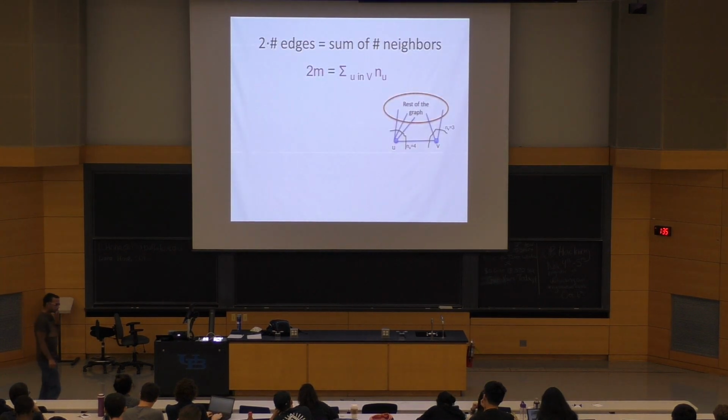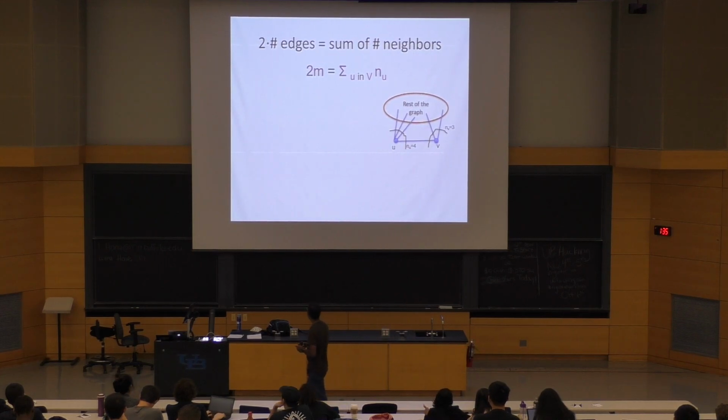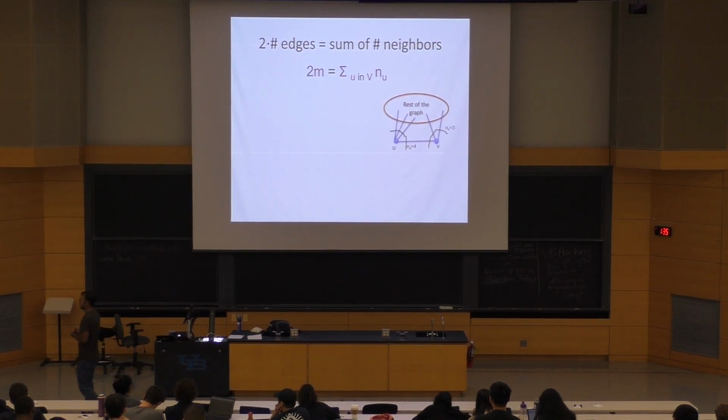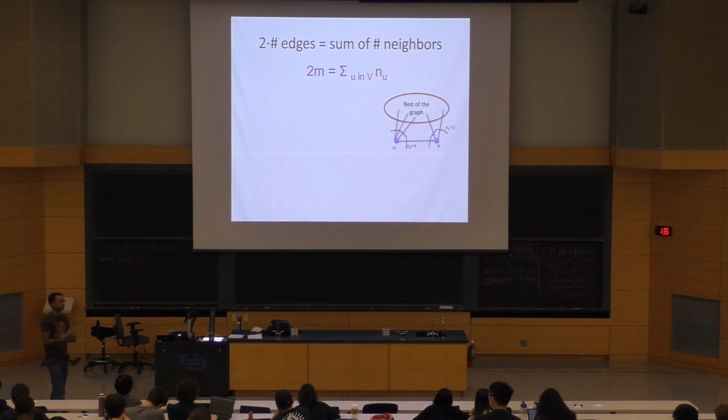All right, so what we're going to prove is a very neat fact that, among others, will allow us to prove that the space required for adjacency list is order m plus n. And here's the identity. It says twice the number of edges is exactly equal to the sum of number of neighbors of all vertices.